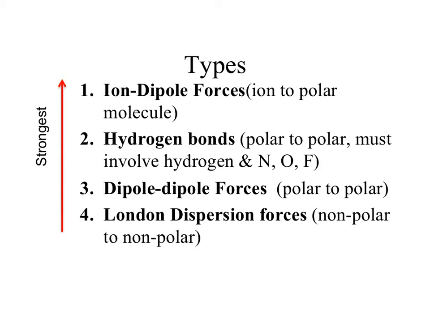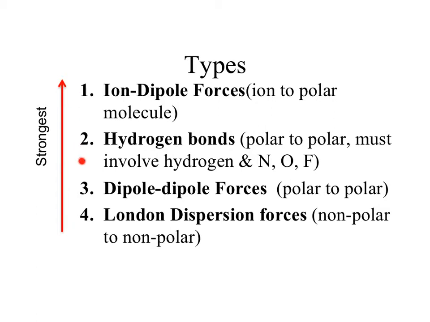We don't talk a whole lot about number 1, this ion-dipole force, even though it's something we do come in contact with. It's basically when you have an ion, some sort of ionic compound, dissolved in a polar molecule, usually water. And because an ion is a full charge rather than just a partial charge, it's just a little bit stronger.